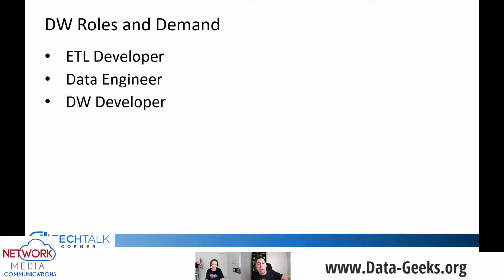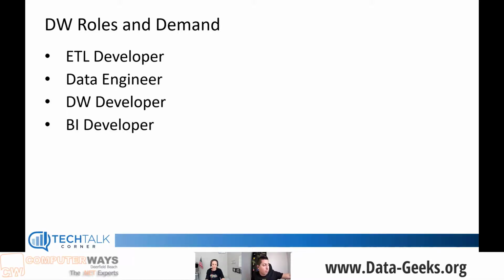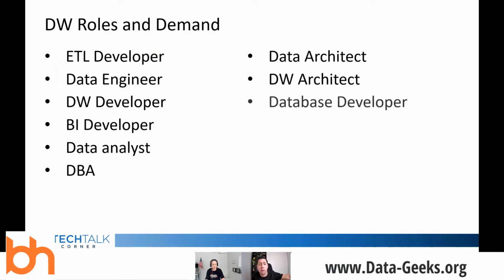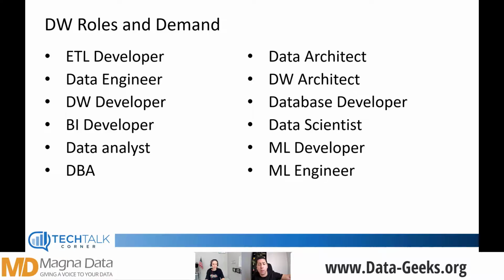But then we have the data warehouse developers, BI developers, data analysts. You have DBAs, data architects, data warehouse architects, database developers, data scientists, machine learning developers, and engineers. Now, any of these roles could be working at the very minimum in a data warehouse solution or environment.